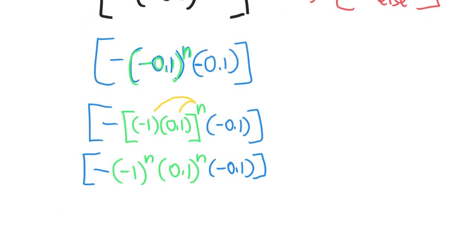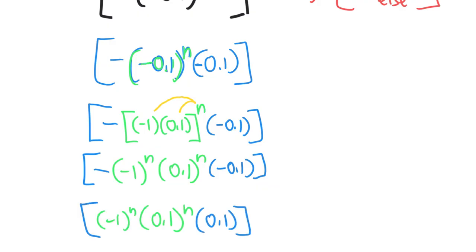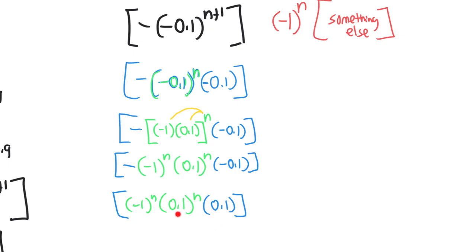So therefore, we have a negative 1 to the n, a 0.1 to the n, times a positive 0.1. And then I'm hoping we can all see that the bases are the same here. We have the invisible 1 hovered above the 0.1, and we could sort of consolidate that.